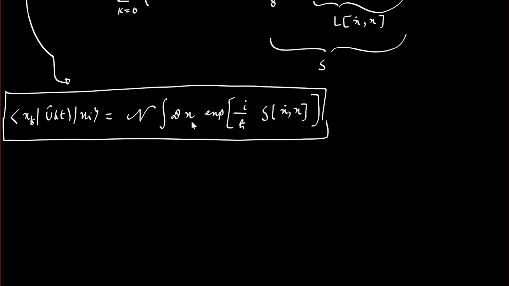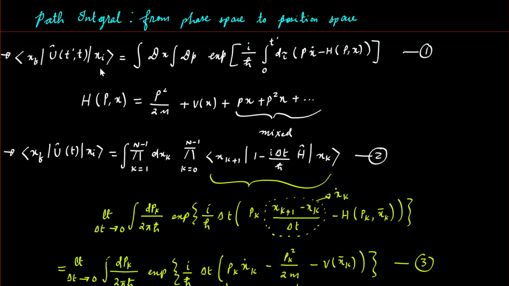Okay, so this is the most important rule, because if we have a system in which the Hamiltonian has some mixed term, then in that case we cannot use this equation. In that case we have to use our equation number 1, that is this equation.